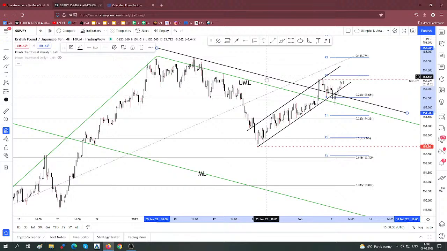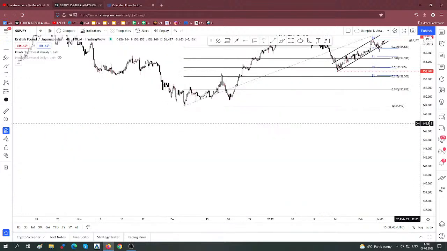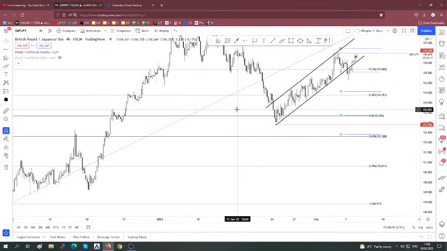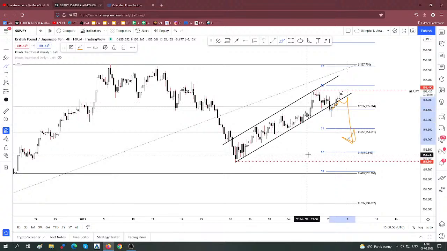Maybe I will delete this major pitchfork, because it will be easier for you to understand. So something like this: up channel breakdown, but here it has failed to stay below the broken uptrend line to be able to drop deeper.